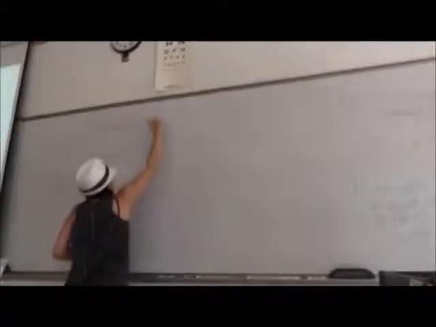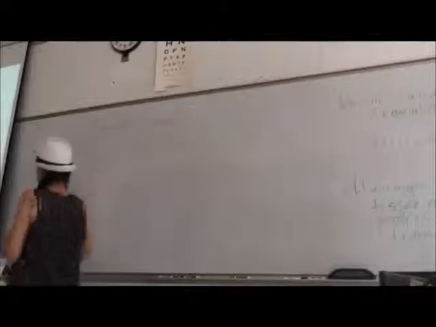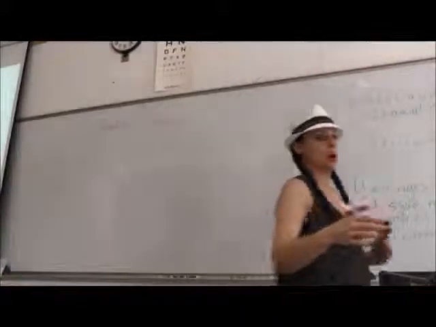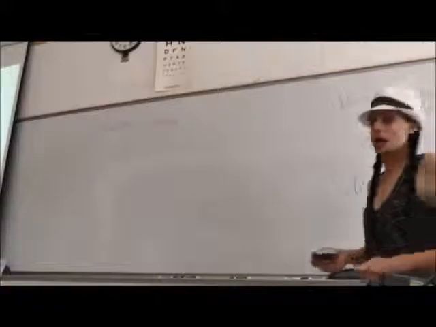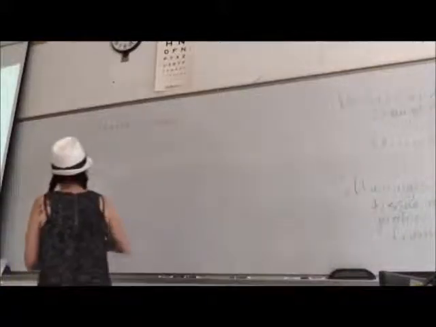The other cavity that we have is the ventral cavity. So our ventral cavity is found in the anterior aspect, and it can be split into your thoracic cavity, your abdominal cavity, and your pelvic cavity.